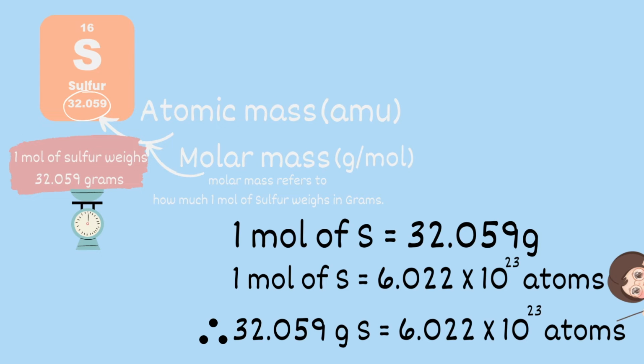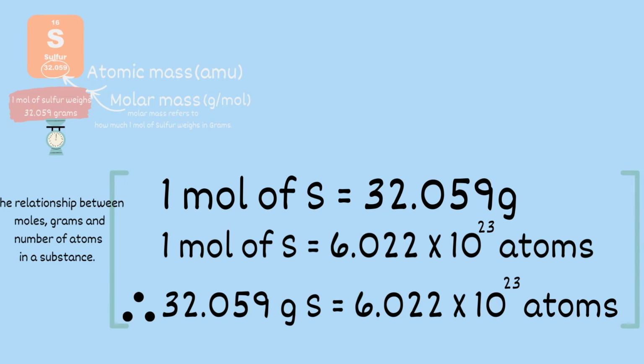Therefore, 32.059 grams of sulfur is equal to 6.022 times 10 to the 23rd atoms. So we can see there's a relationship between not only moles to grams, moles to number of atoms, but also grams to number of atoms. Let's use this information we learned to answer the next couple of questions.